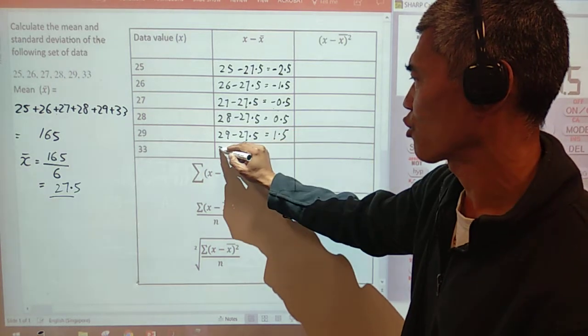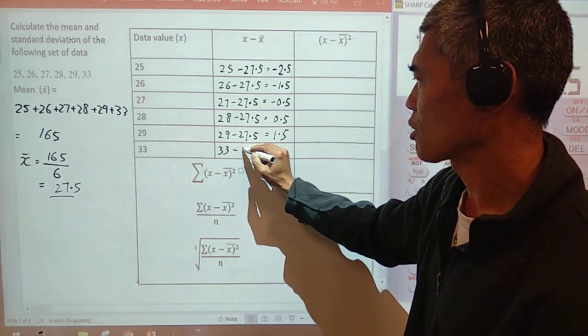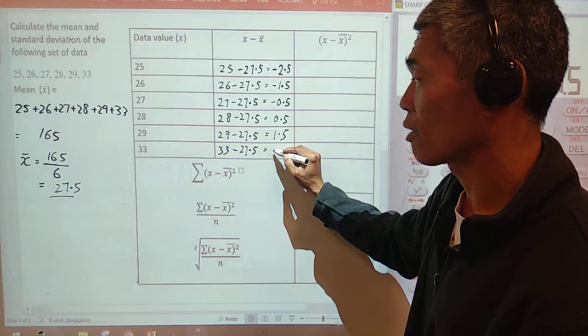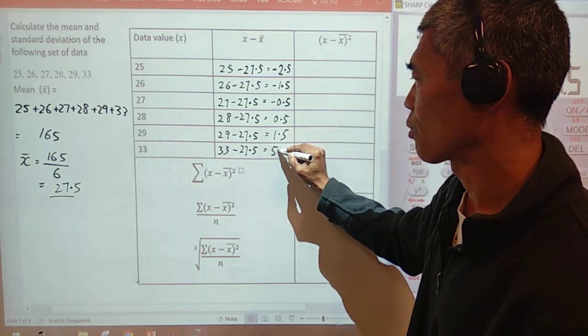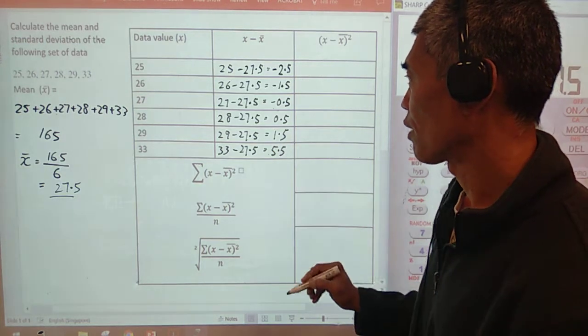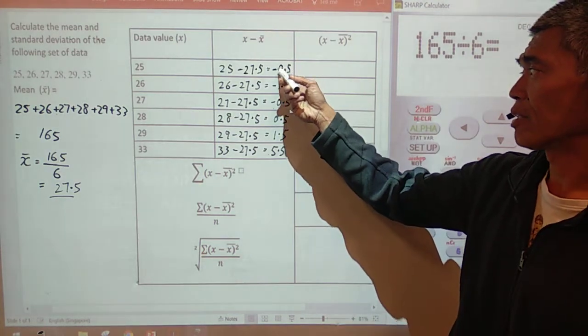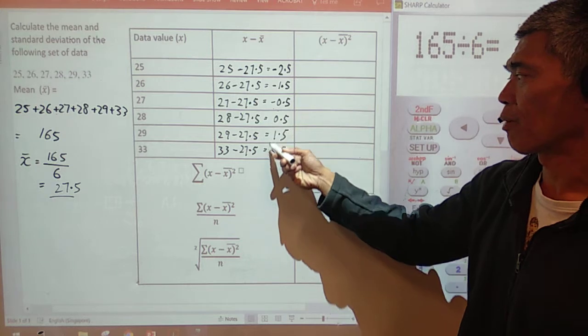And finally, 33 minus 27.5 will give us 5.5.